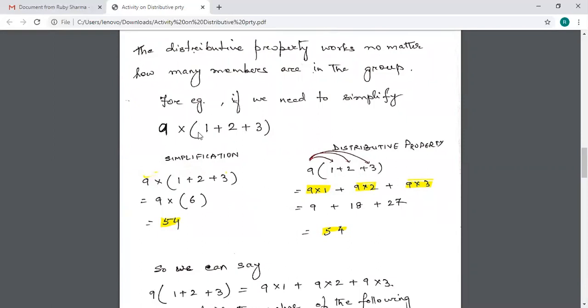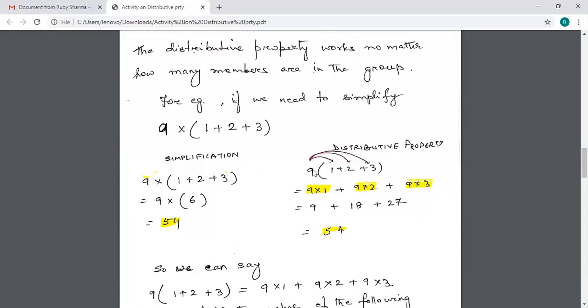Suppose we have 9 into 1 plus 2 plus 3. So what do we do? Simplification method. We do the bracket first. And we get the answer. But we are not going to do this method now. This is for your understanding. And we see that when we use the distributive property, we arrive at the same answer.